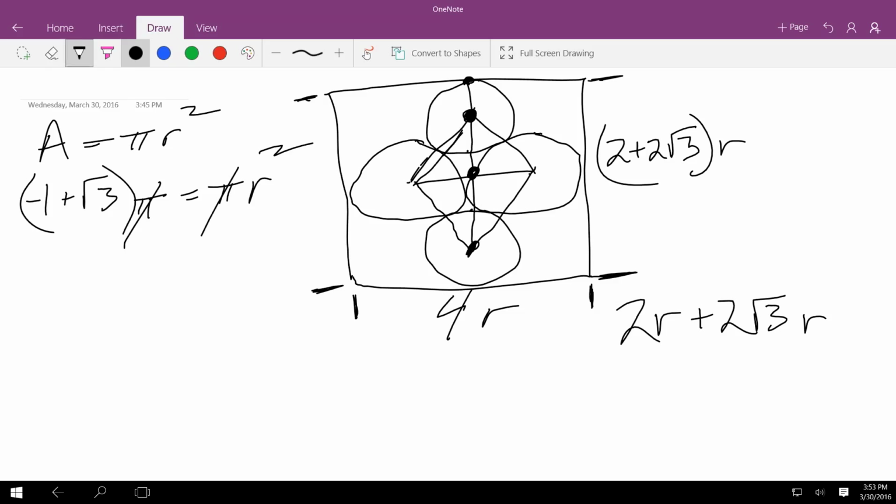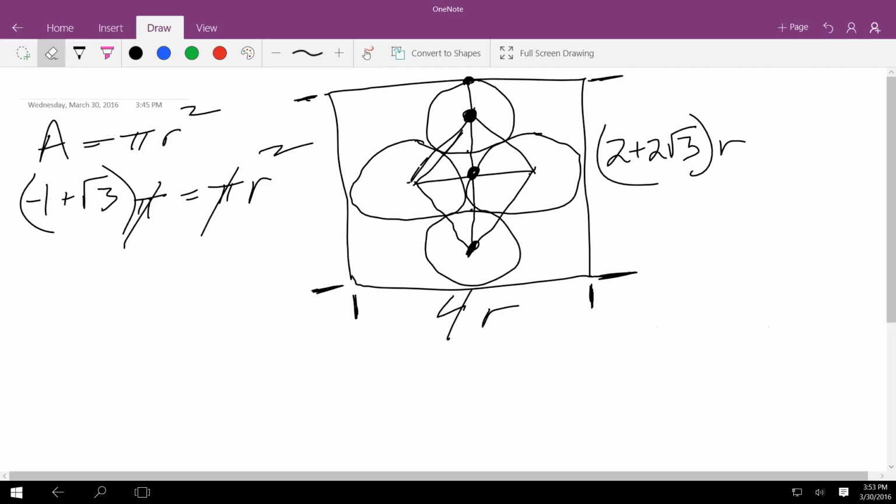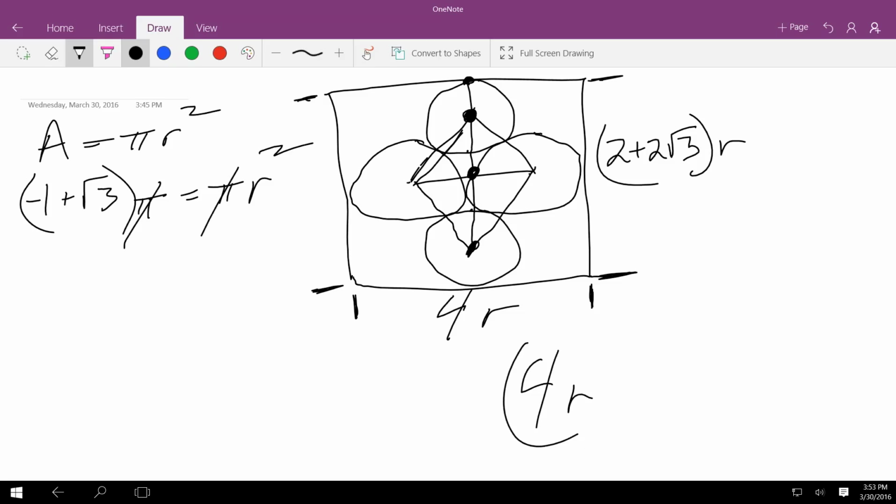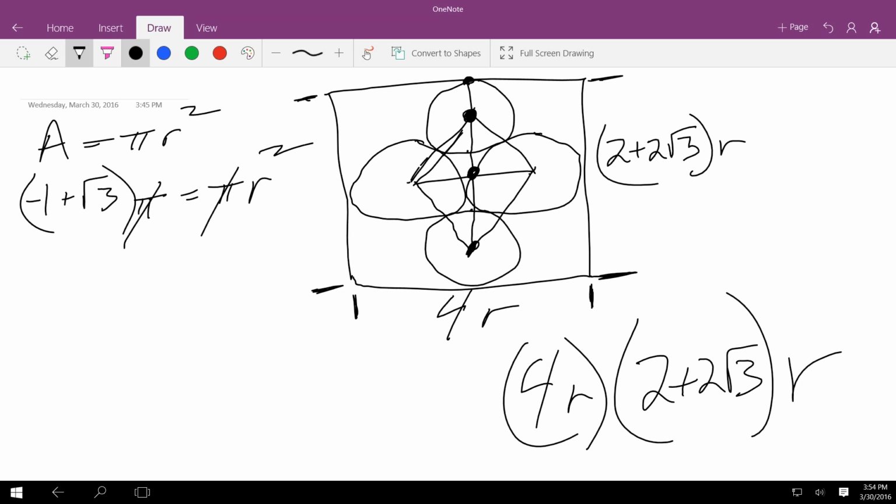Now what's the area of the triangle? Or not the triangle, the rectangle. It would be 4R by (2 plus 2 root 3) R. So 4R times that, what's that answer?